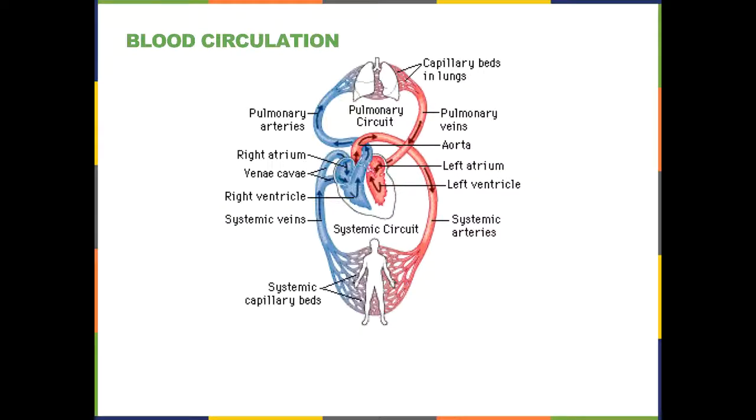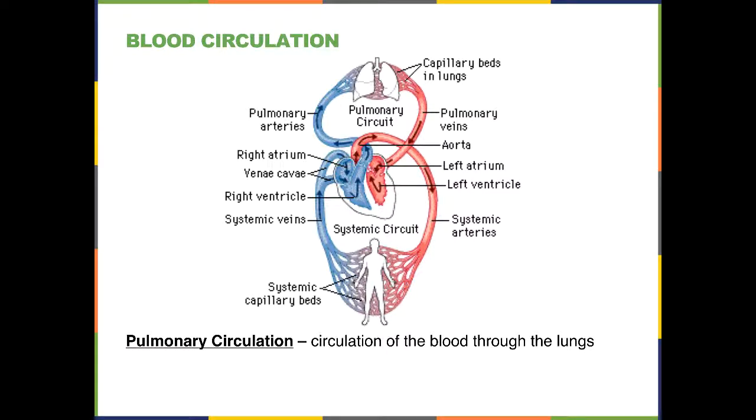Now, when we talk about circulation, we're talking about two circulatory systems. There is the pulmonary circuit, which is the circulation of the blood through the lungs, and it is primarily shown in the top half of this diagram. You see that blood comes out of the right ventricle, and we'll get to more details about this in future slides, heads out the pulmonary arteries, which are blue because they're carrying deoxygenated blood, into the lungs.